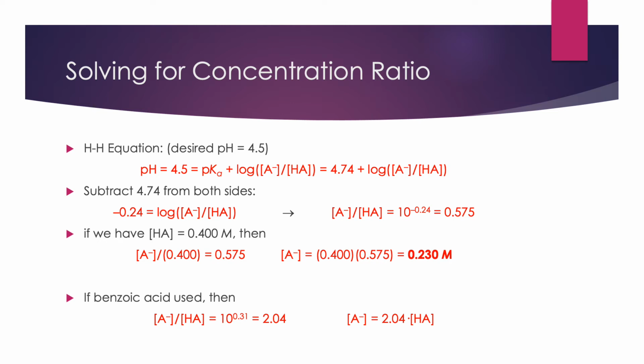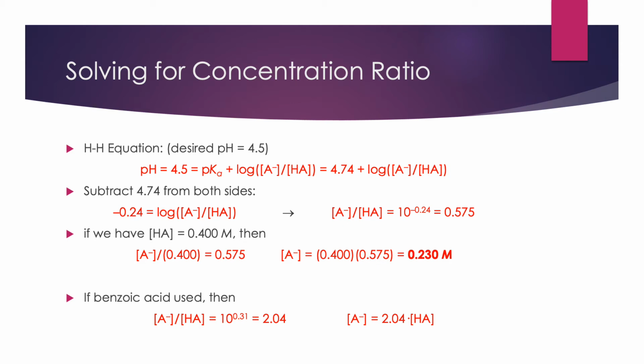So how would we use that in a practical way to make our buffer solution, the one that we want? Well, if, for example, we know how much acetic acid we have in the solution, and it's 0.4 molar, then what we really need to know is how much of the sodium acetate we need to add so that that ratio of acetate to acetic acid is 0.575.